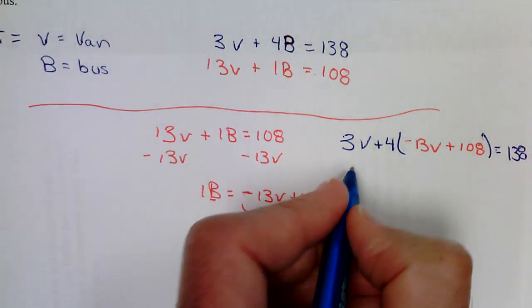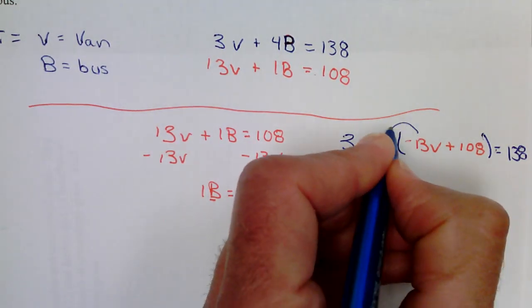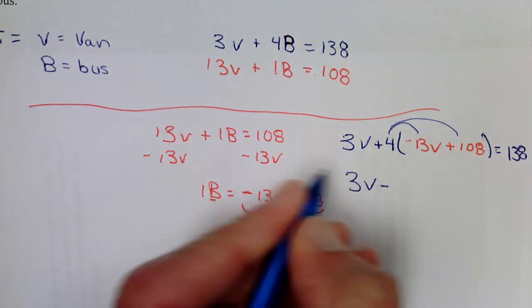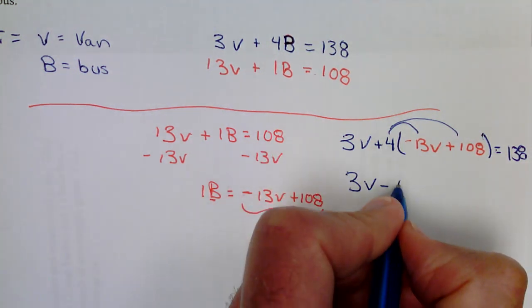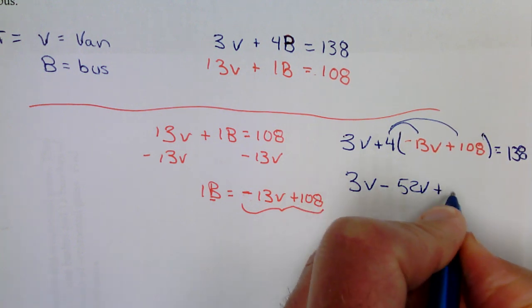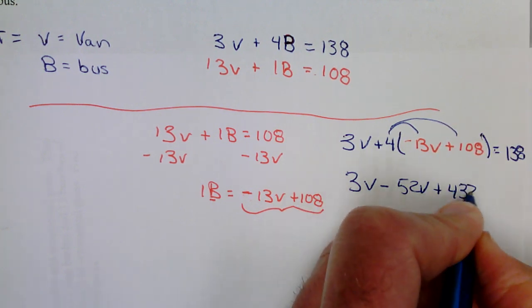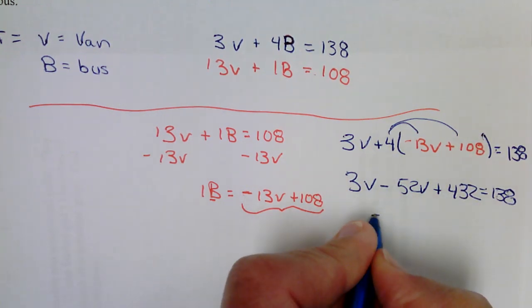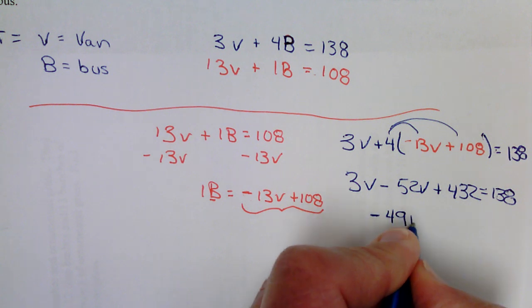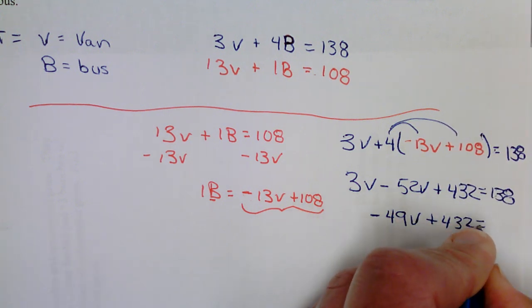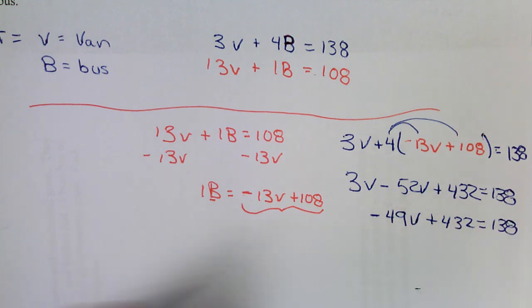Now we just continue to solve. Distribute the 4, and I have 3V minus 52V plus 432 equals 138, so negative 49V plus 432 equals 138.